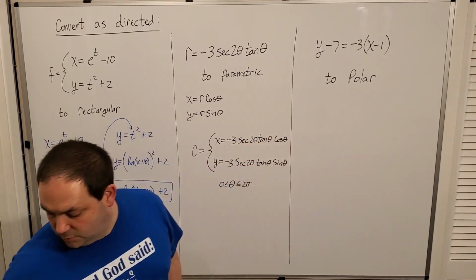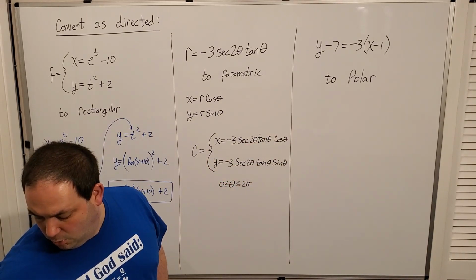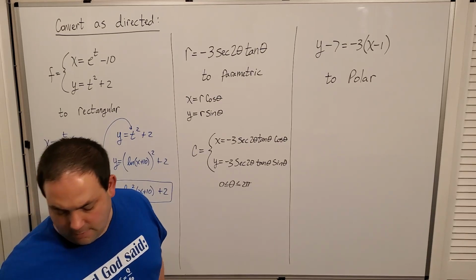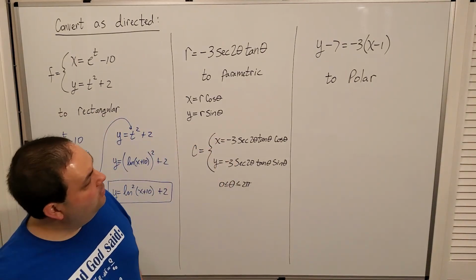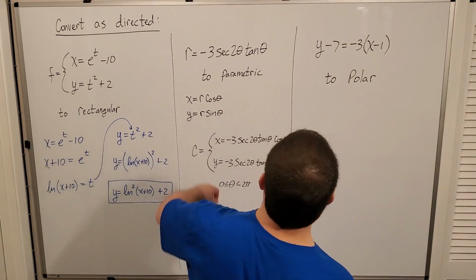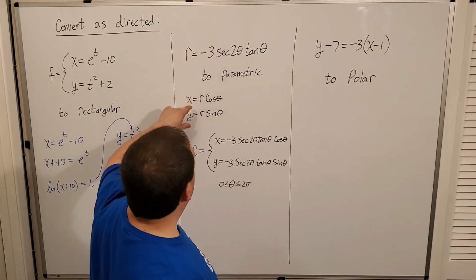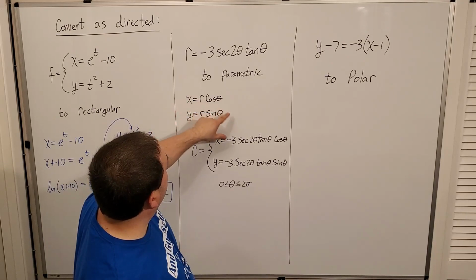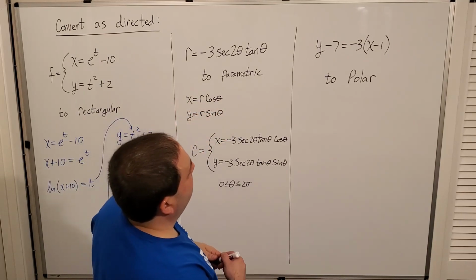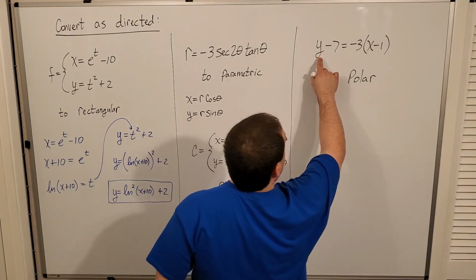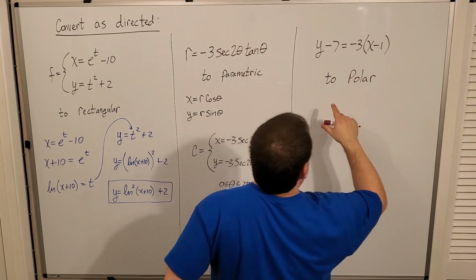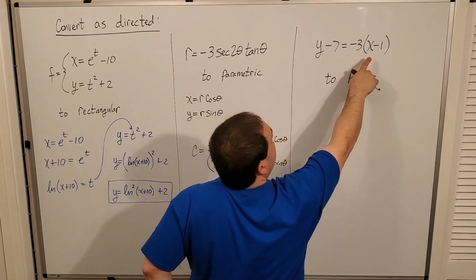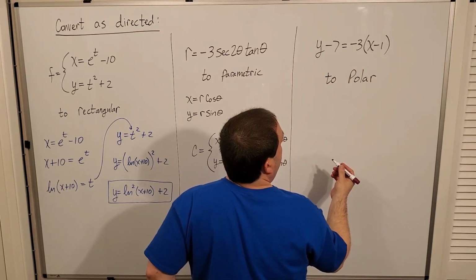Next, converting this one into polar. Okay? So here I want to convert this into polar by recognizing the same sort of relationships, that x is r cosine theta and y is r sine theta. Before we even do that, let's make it a little bit nicer in rectangular.